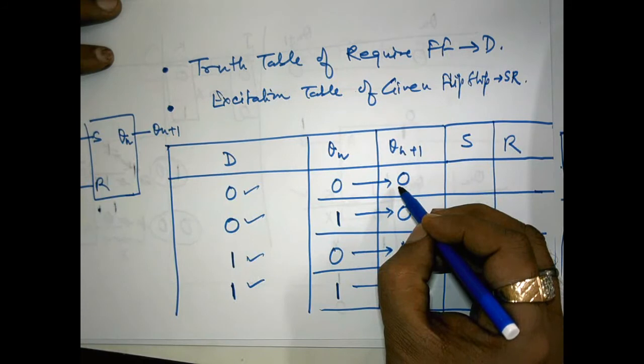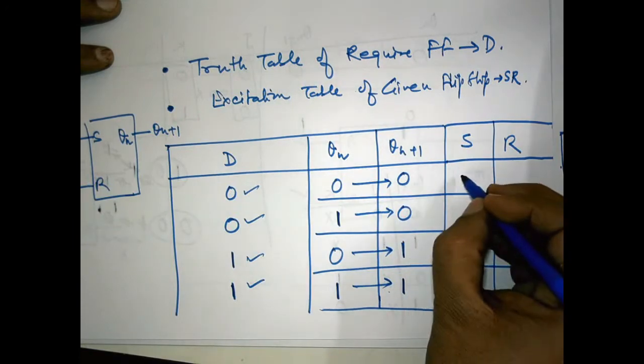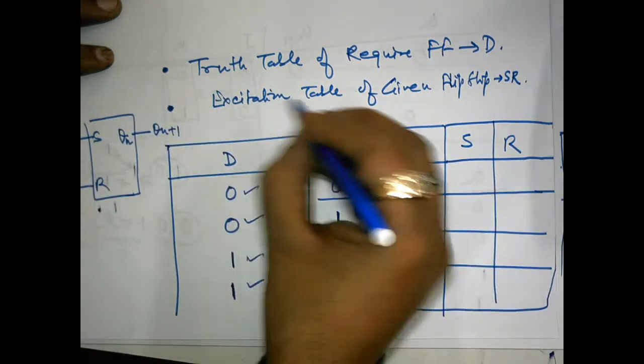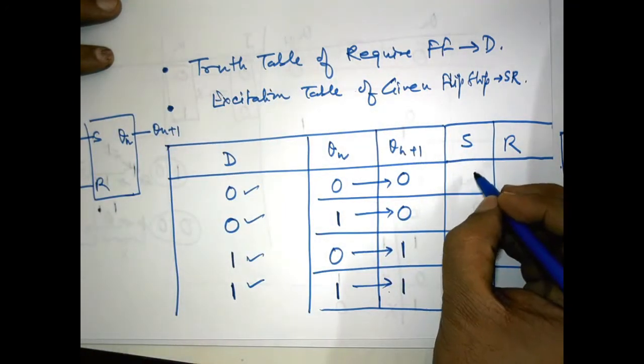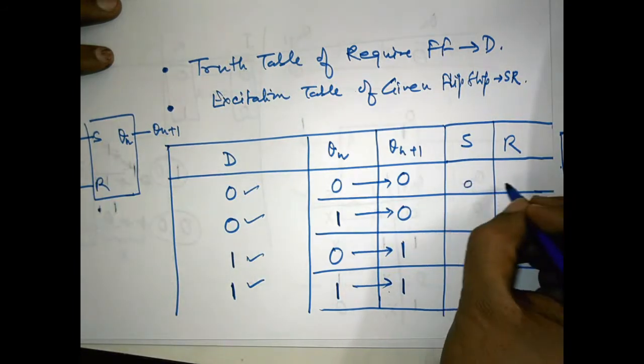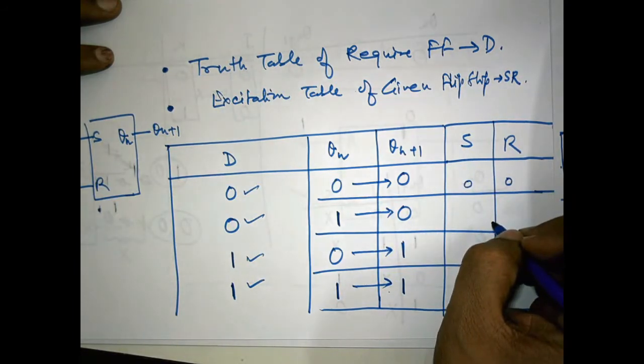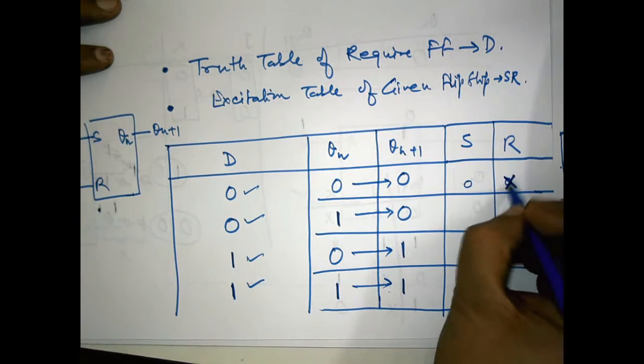This means it is a no change. And for no change, what do we apply at S and R? 0, 0. And is there any other input which fulfills the same situation? 0, 1. Okay. So 0 and don't care at R.